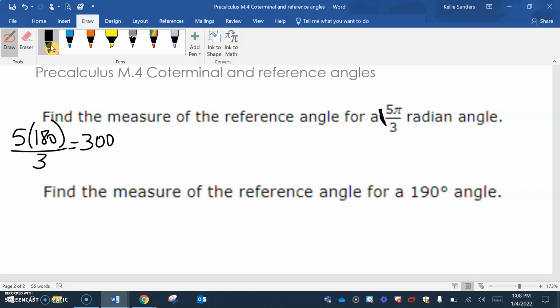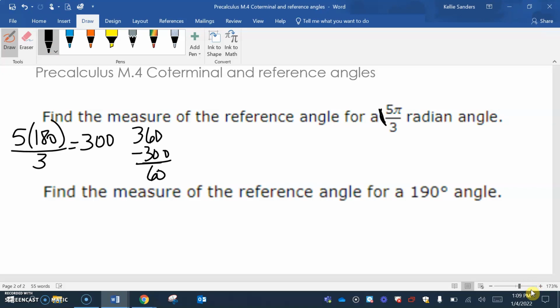So I knew it's probably going to be in quadrant 4. But now that we know it's 300, and 300 is between 270 and 360, we're going to subtract it from 360, and we get 60. Now 60 is not the answer because 60 is in degrees.